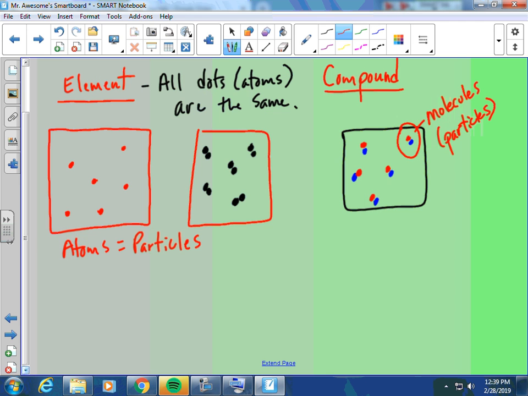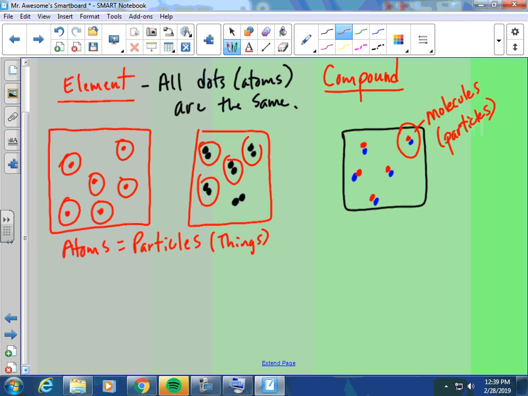So particles are like the number of things. So if I look at this picture, I've got 1, 2, 3, 4, 5, 6 particles. Here I've got 1, 2, 3, 4, 5. Here, 1, 2, 3, 4, 5. Okay, so those are the number of particles. Understand atoms and molecules are particles.